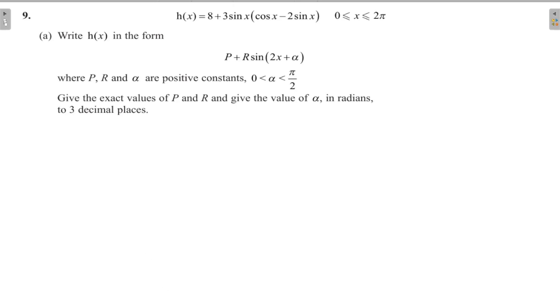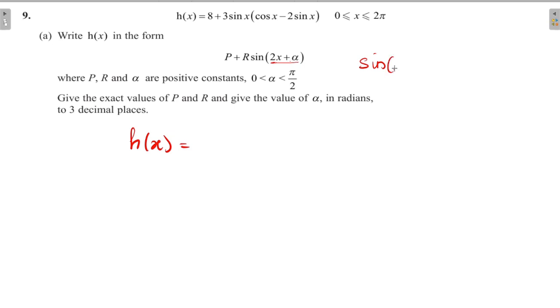Question number 9. h of x equal to 8 plus 3 sin x times cos x minus 2 sin x, which is a trigonometric function. Write h of x in the form p plus r sine of 2x plus alpha. So we are going to write h of x is equal to p plus r of sine 2x plus alpha. So let us write the expansion of sine 2x plus alpha.